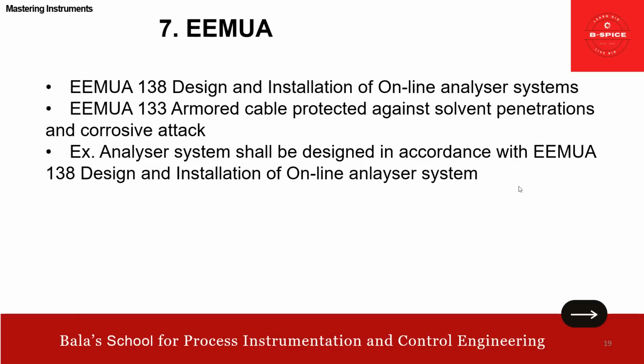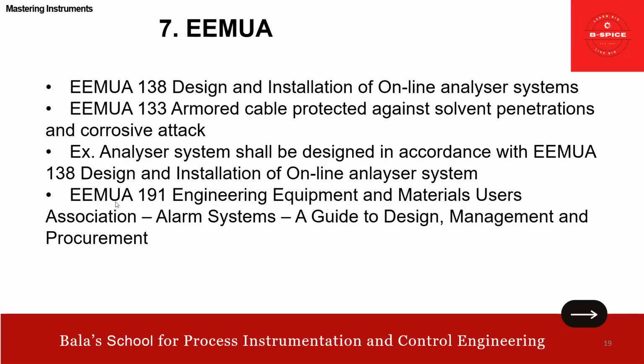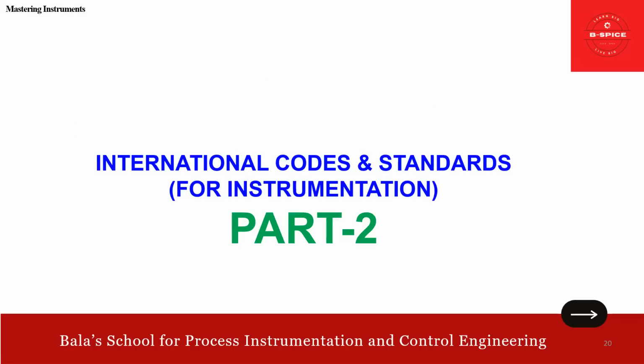Then EEMUA 191, very important, Engineering Equipment and Materials Users Association. This is used for alarm systems, a guide to design, management, and procurement. Alarm philosophy all comes under EEMUA. So that's about part one, friends.